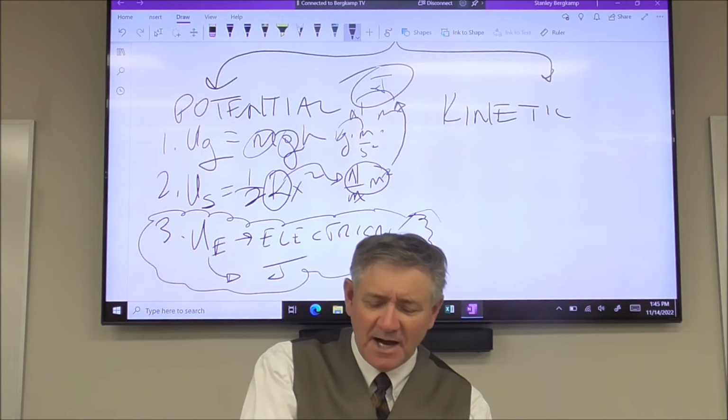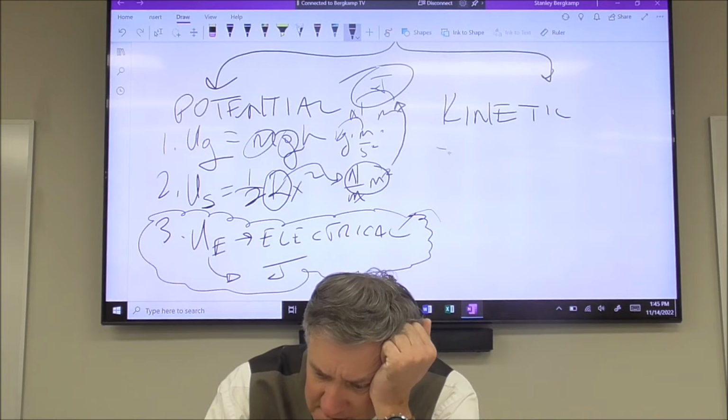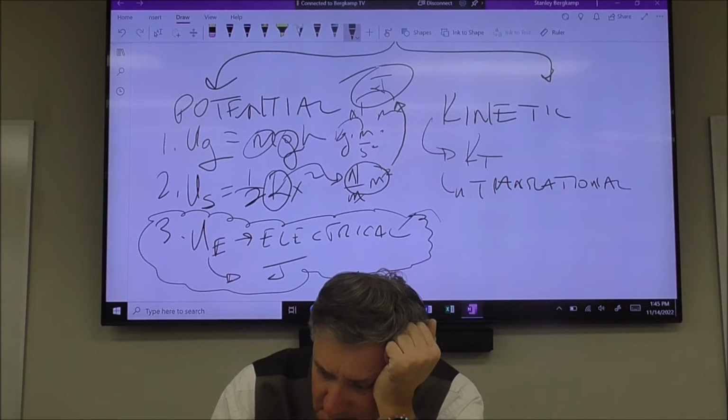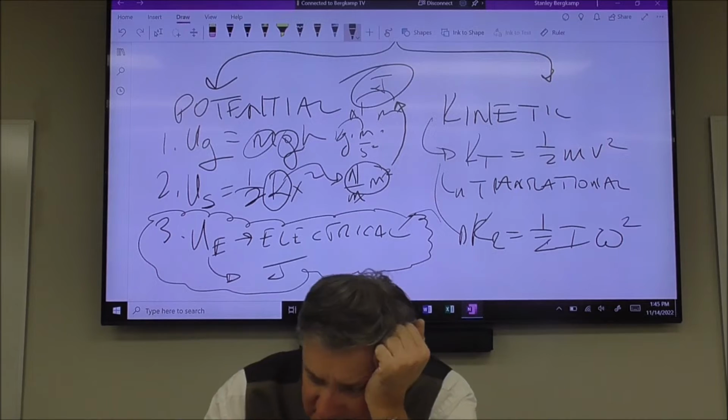Now, when you get to kinetic energy, we're going to talk about two broad types. We're going to talk about K_T, which stands for translational, and that's 1/2 mv squared. And then you can have rotational, which is 1/2 I omega squared.